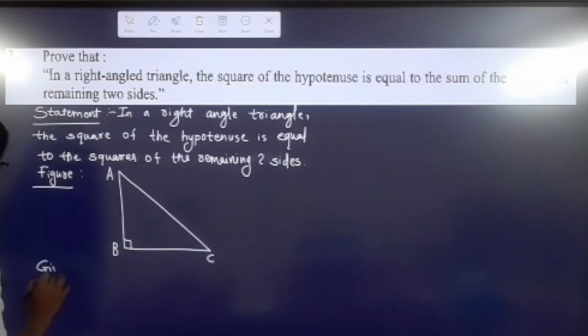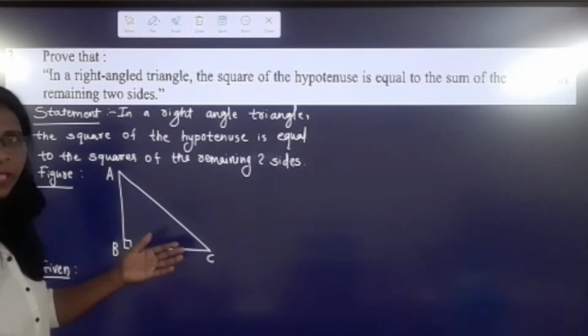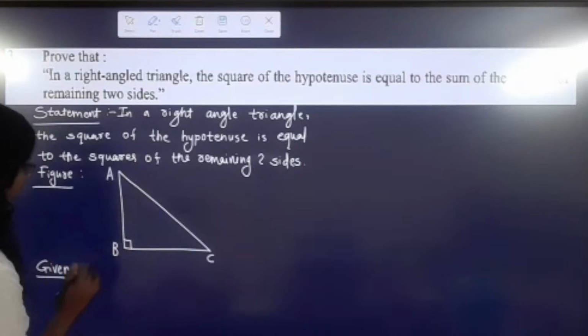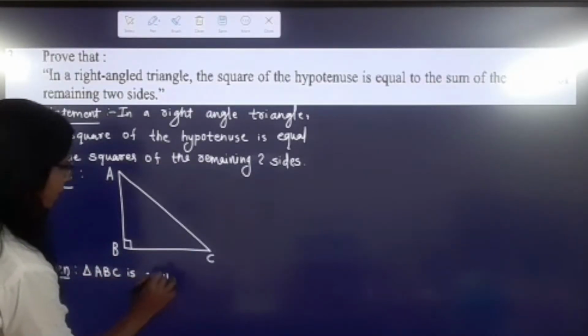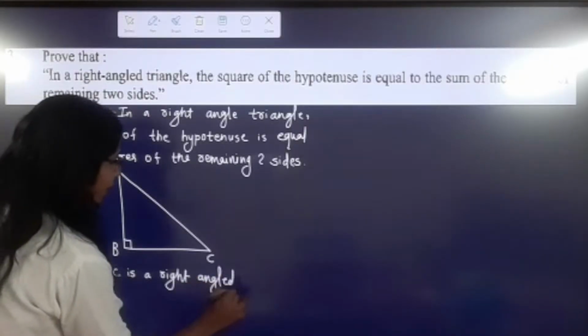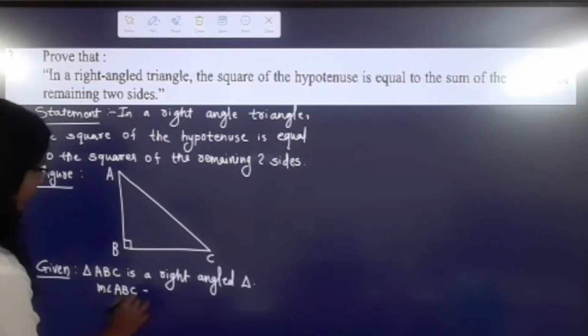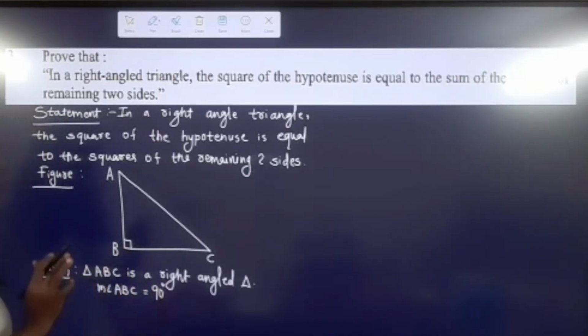Then write down the given. As per the drawn figure, we have to write the given. By seeing the figure, write down: triangle ABC is a right angle triangle, measure of angle ABC is equal to 90 degrees.